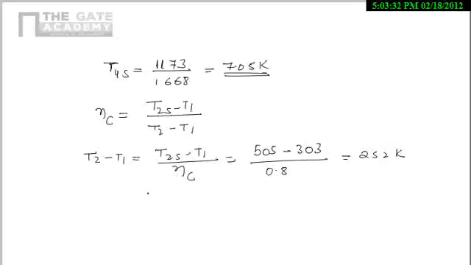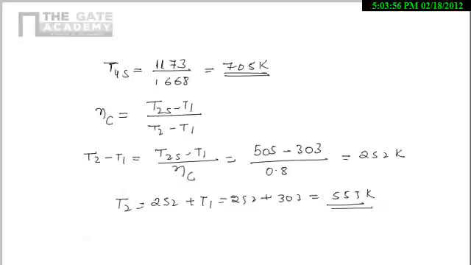Here we are having T2 minus T1, so T2 will be 252 plus T1, so 252 plus 303, it will come 555 Kelvin. So T2 is 555 Kelvin.